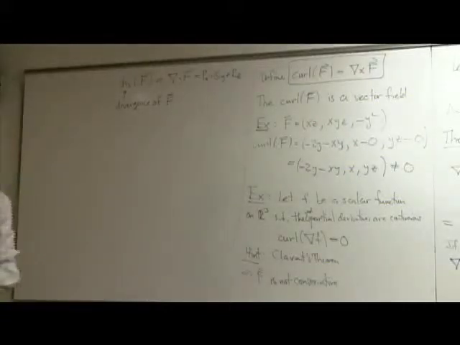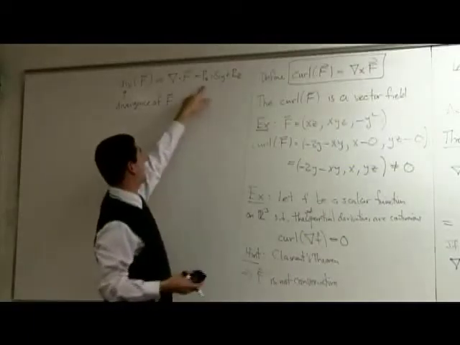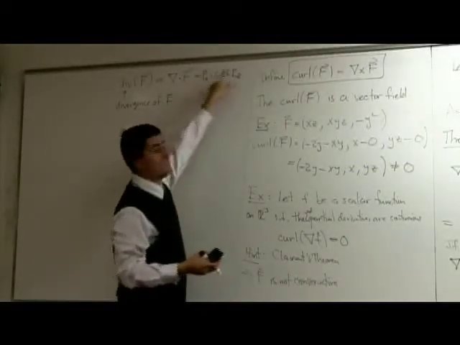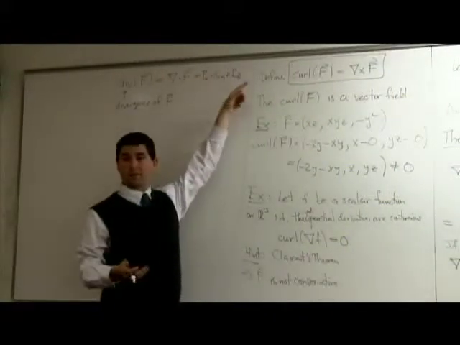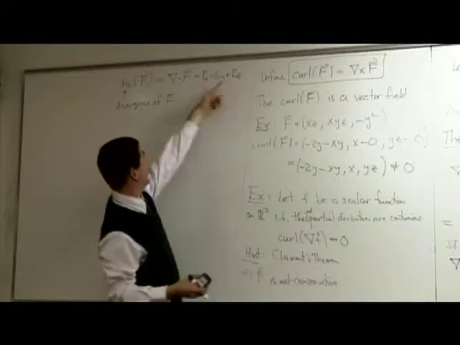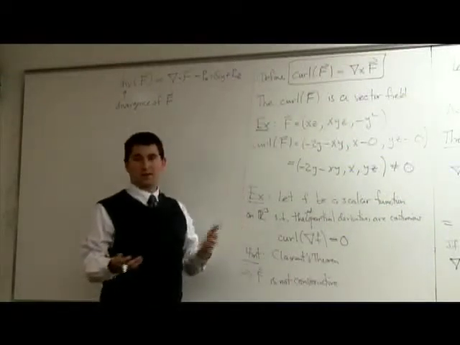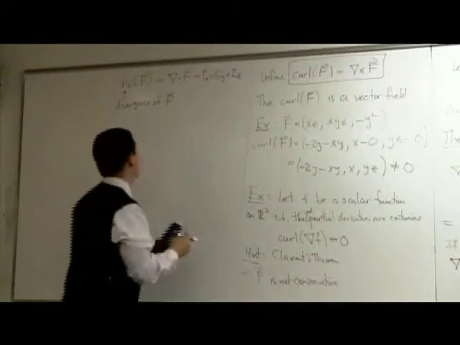Those i's were really confusing. They didn't make any sense. Okay, so this is just a sum of functions. So it eats a point, and it spits out a number. So it's just a scalar function.